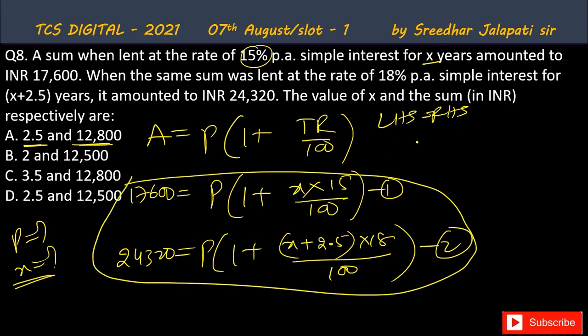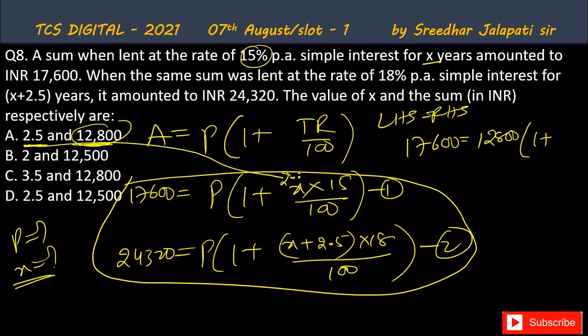I'm going by options. So, first equation, left hand side 17,600, right hand side P value 12,800 into 1 plus X, we are taking as 2.5. If I take X as 2.5, 15 into 2.5 is 37.5. 1 plus 37.5 by 100 is 137.5 by 100.